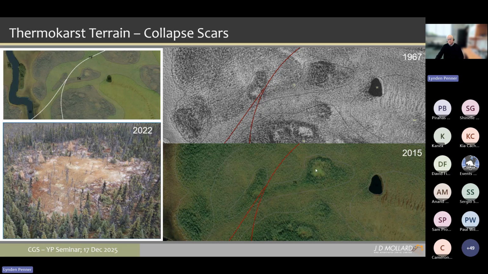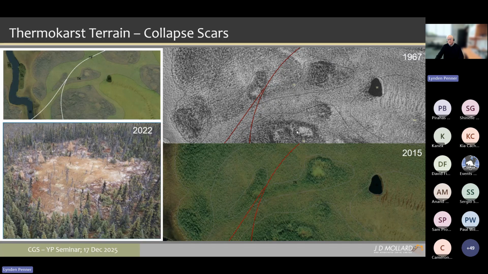We have some drilling planned, which we haven't conducted yet, where we want to put a hole just off the rim of that collapse scar, and one in the middle of it. I'm expecting the center to be thawed. If there is any permafrost remaining, I would expect there might be some around the rim, but that's what we're trying to establish.